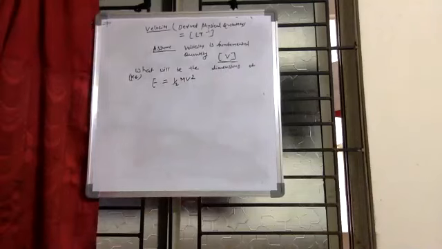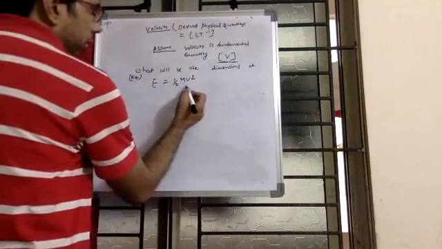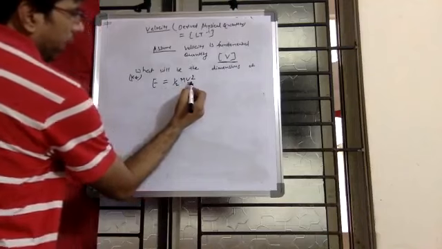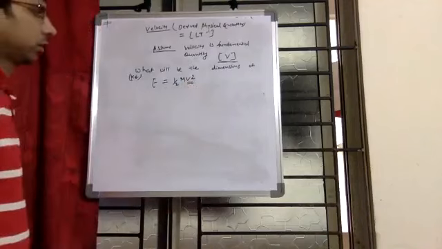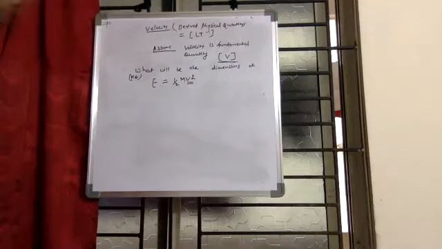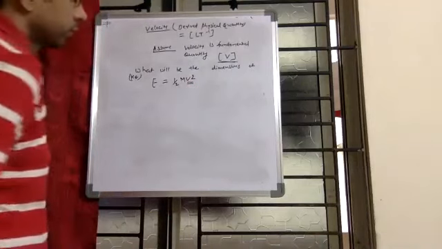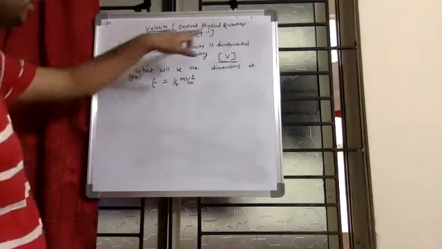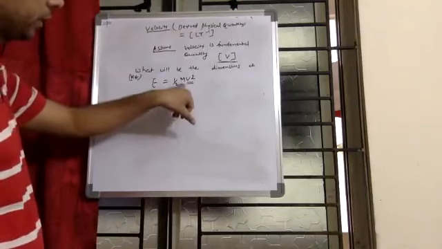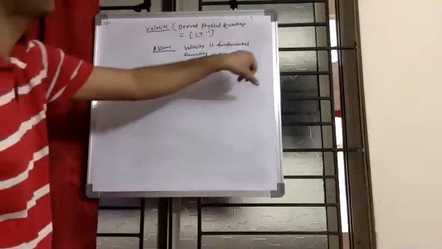If they have mentioned v is a fundamental quantity, then what will be the dimension of this E? Here we are not going to use the derived one. I mean, we know that v is LT minus 1, but we are not going to use it. We'll directly substitute what they have said.